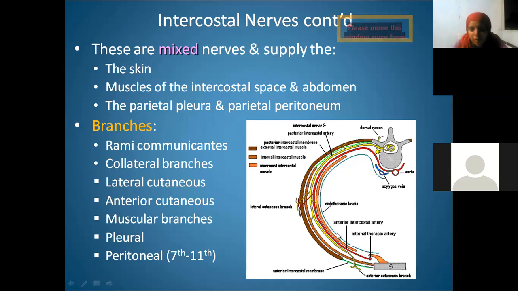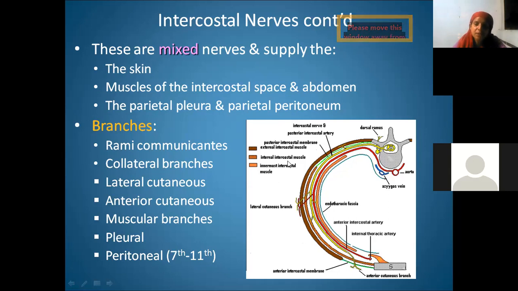So now let us name the muscles. What is the first muscle outside? What is the name? External intercostal muscle. Okay, we know it is deficient anteriorly, this green line. We don't have muscle fibers anteriorly. Then the second muscle we have internal intercostal muscle, this one. Then we have third muscle, this is innermost intercostal muscle. So if you see the course of the nerve, it is running between which muscles?